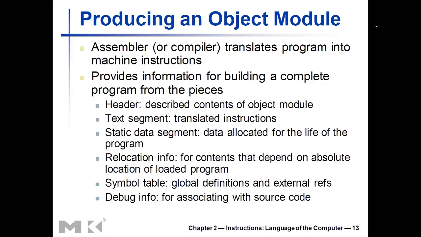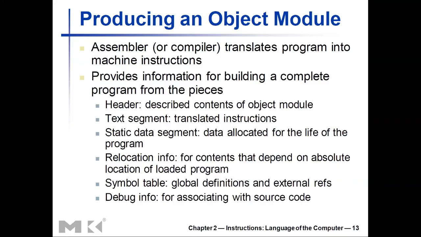That's good. Now regarding producing an object module, I talked about these things earlier as well. The assembler or compiler translates the program into machine instructions and provides information for building a complete program from the pieces.